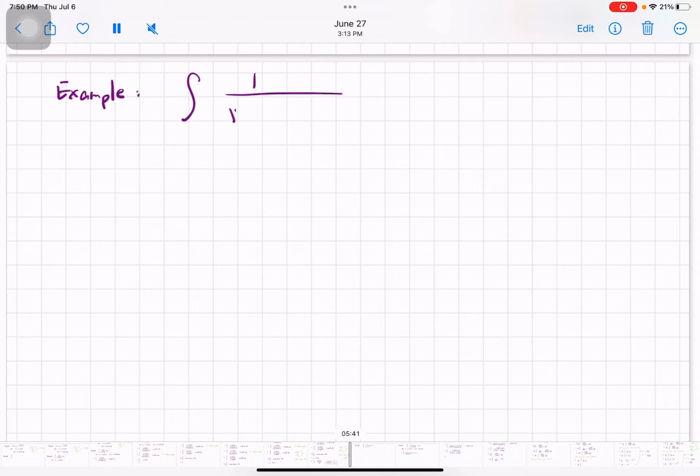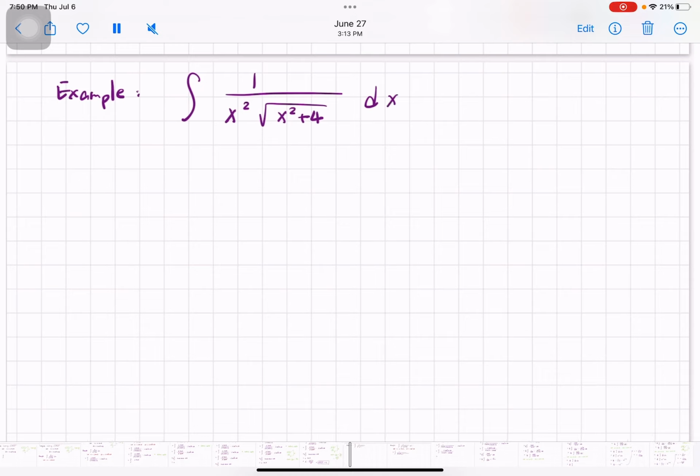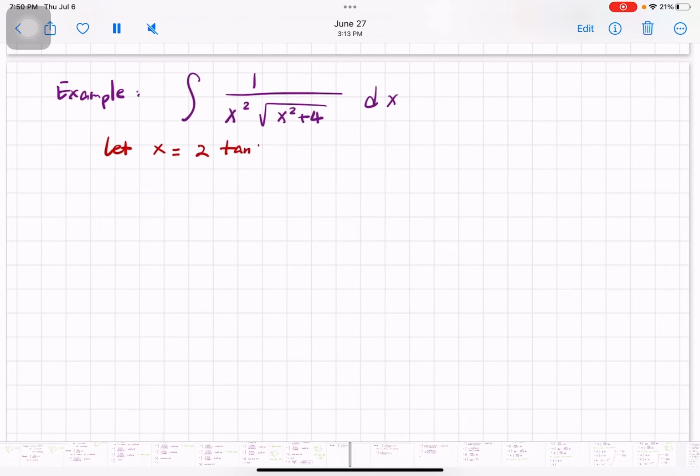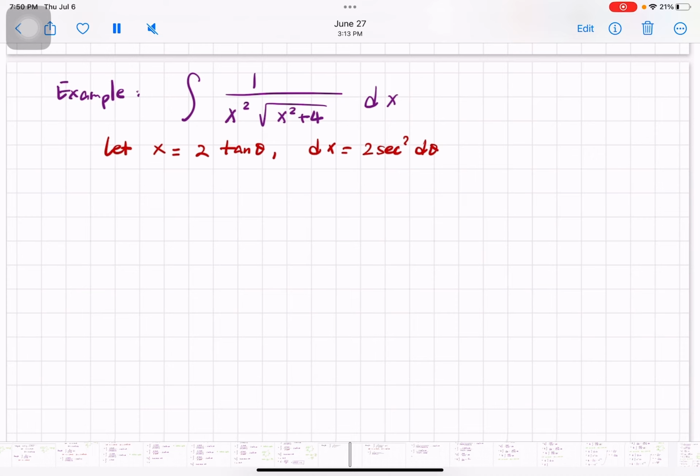Let's look at another example, which is the integral of 1 over x squared times the square root of x squared plus 4, where the square root of x squared plus 4 is of the form square root of x squared plus a squared. So we can let x equal 2 tangent theta, and dx is going to be 2 secant squared theta d theta.